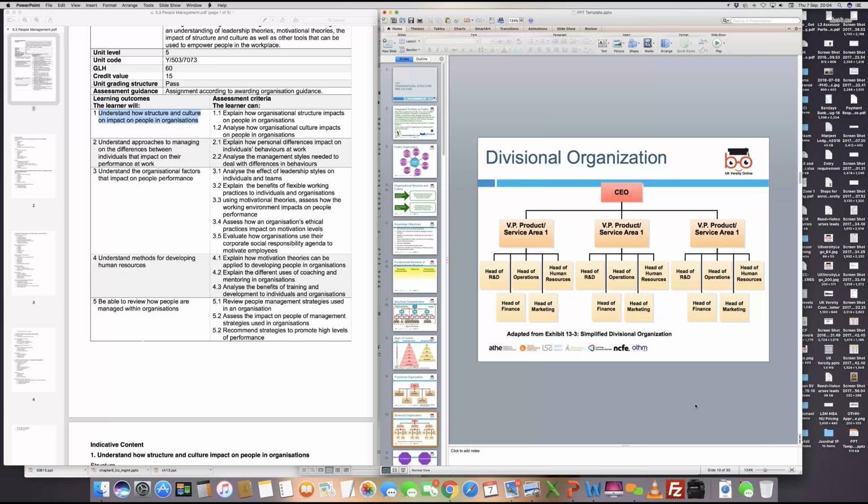So all the country heads will actually report into the headquarter. And where is the headquarter based? In the UK, right? So if I look at a divisional structure, this could be one structure in a particular country.